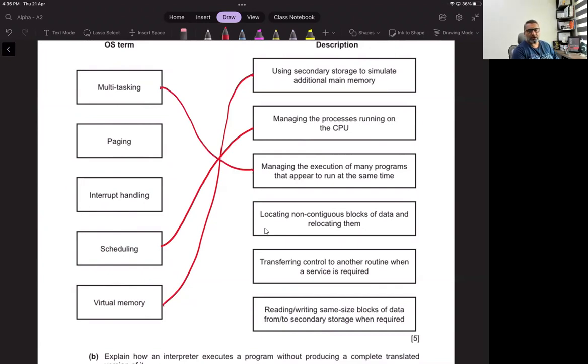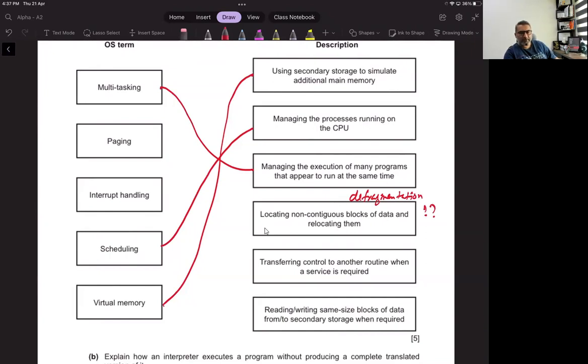Locating non-contiguous blocks of data and relocating them. This is basically defragmentation. We don't need this here. I don't have any term that says defragmentation.